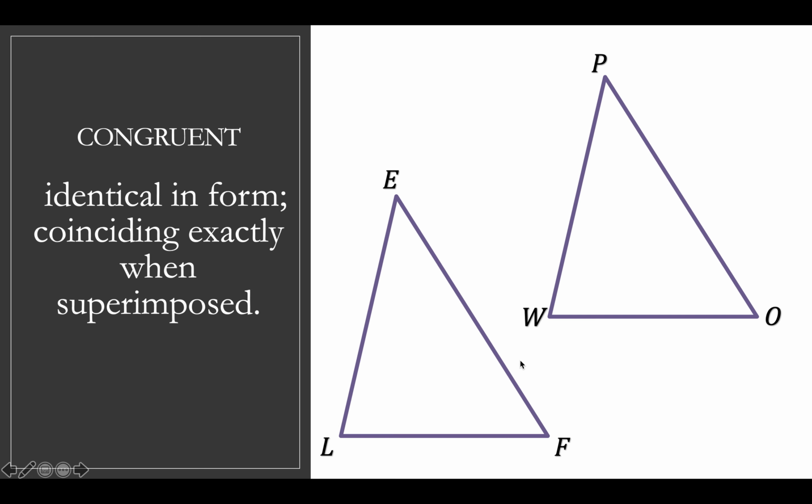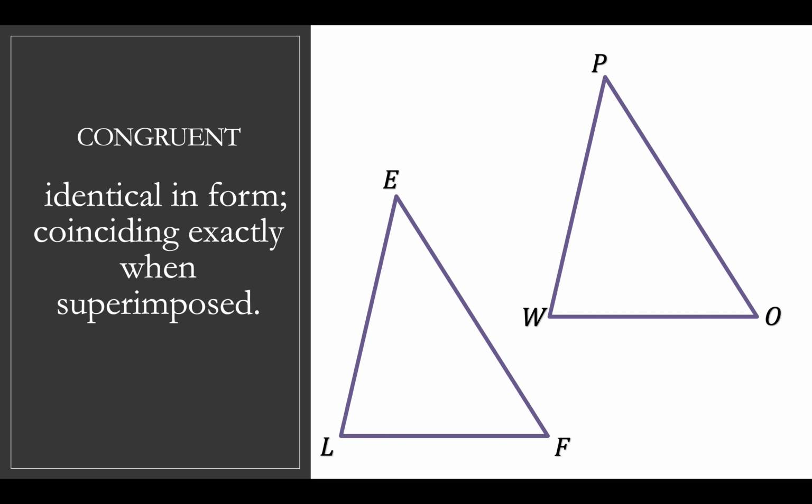And in addition to that, the measure of angle L would have to equal the measure of angle W. The measure of angle E would have to measure up exactly to the measure of angle P, and same thing for F and O. Angle F would have to be congruent to angle O, right? All 6 of those things would have to be true. All 3 sides and all 3 angles for each triangle would have to equal up to each other. They would have to be congruent, all right?